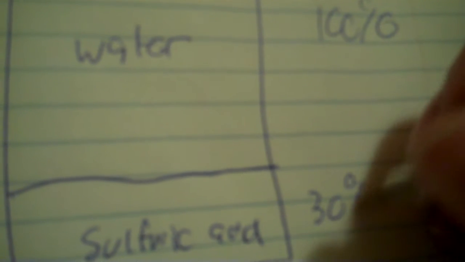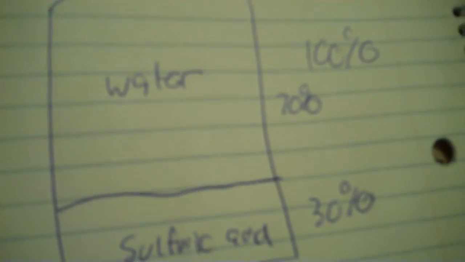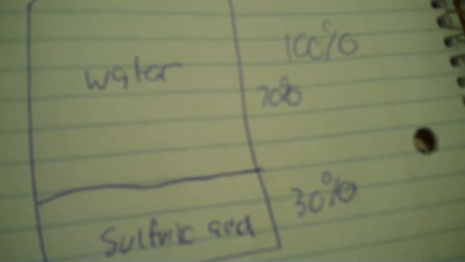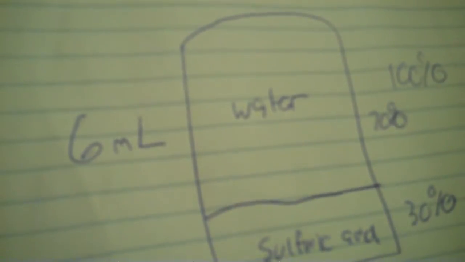So, that means in this container, you have 30% of it, remember it's expressed as a percent. 30% of it's sulfuric acid, then 100 minus 30 is 70, okay? That's 70% water. Now you didn't see the 70% because you don't have to use it in the problem, but that's what that means. And in this bucket, you have 6 milliliters, okay? Now we got this from 2 separate buckets, okay?